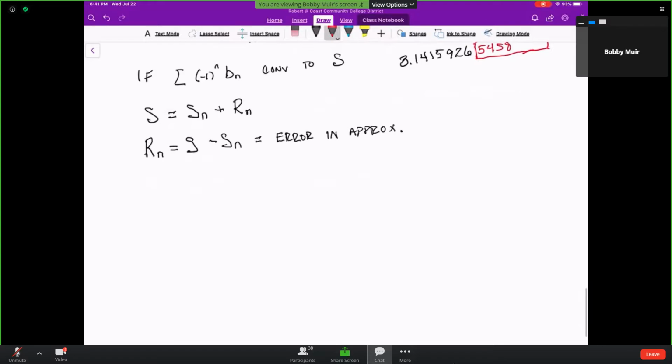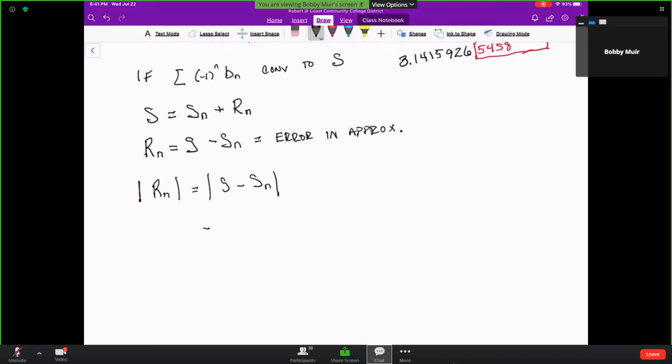Now what I'm going to do here is figure out what the magnitude of the error is. So that's going to be the absolute value of S minus S_n. So this is going to give us the magnitude of the error.